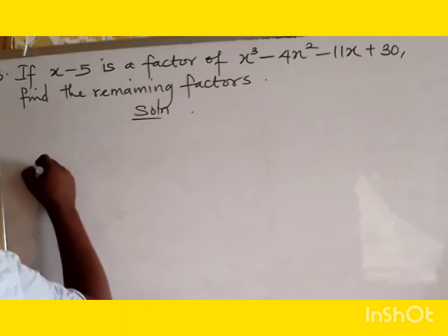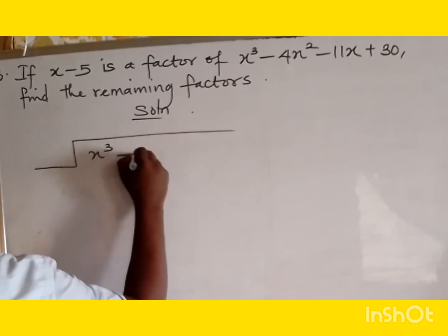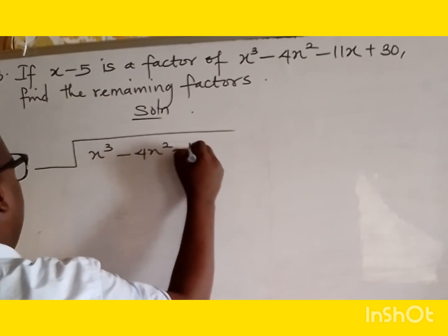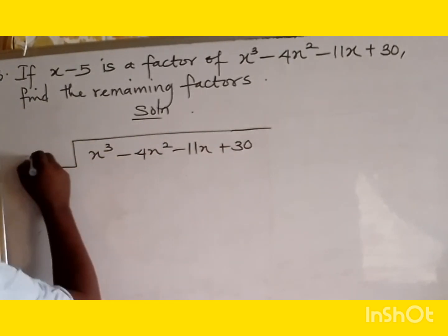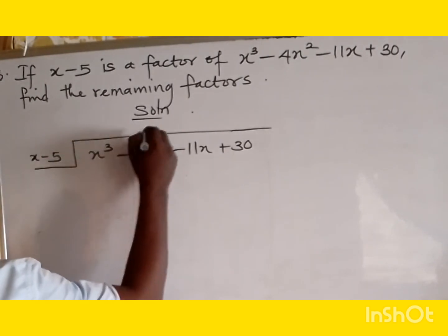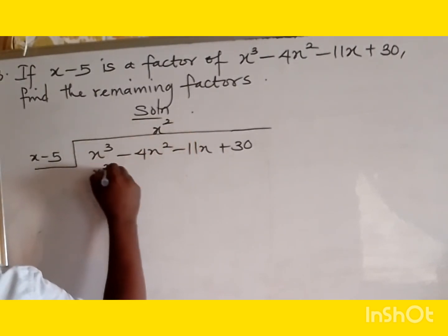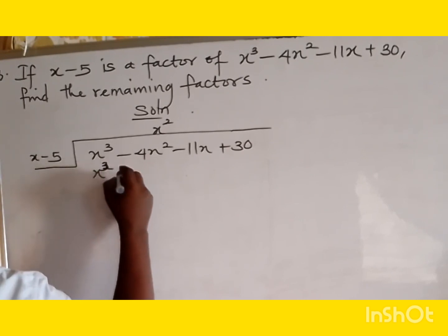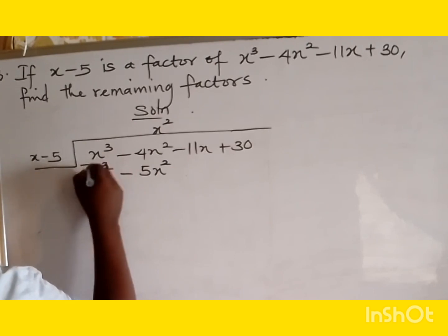So I will have x cubed minus 4x squared minus 11x plus 30 divided by x minus 5. Let's divide. If you divide, we are going to have x squared. Then multiply that: x squared times gives x cubed minus 5x squared. Let's subtract.